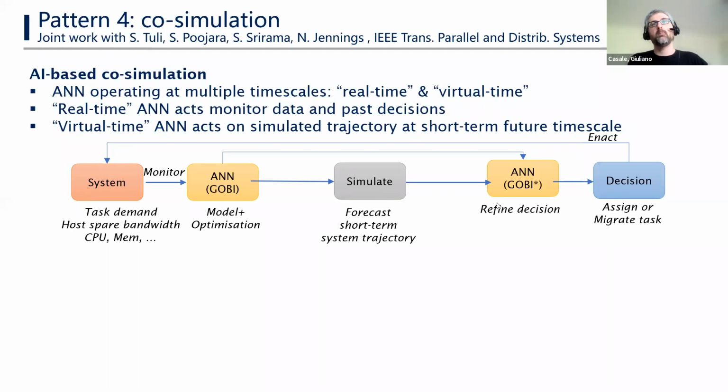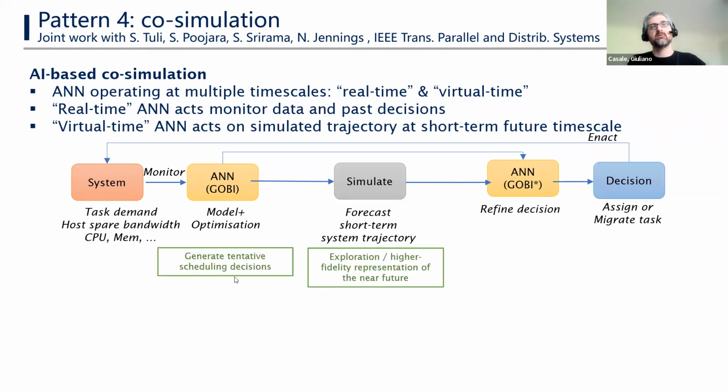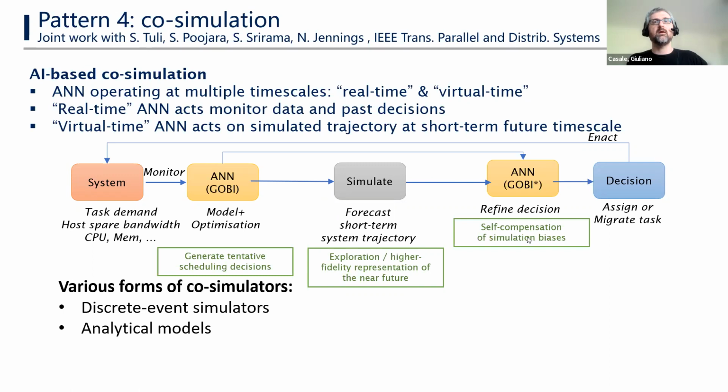And so we call Gobi and Gobi star the algorithms that we use to do this kind of controller runtime that will be described in more details later. And so to recap, you generate tentative scattering decisions with the first neural network, then you do the exploration of the consequences with the simulator, and then you can use the last neural network to compensate for the biases of the first surrogate.